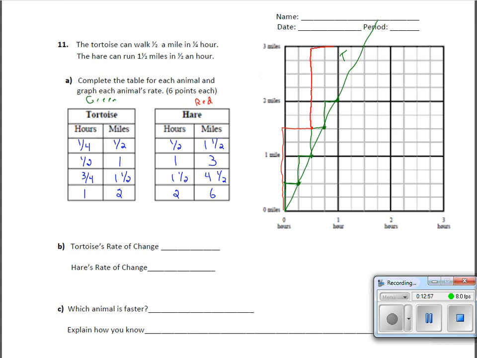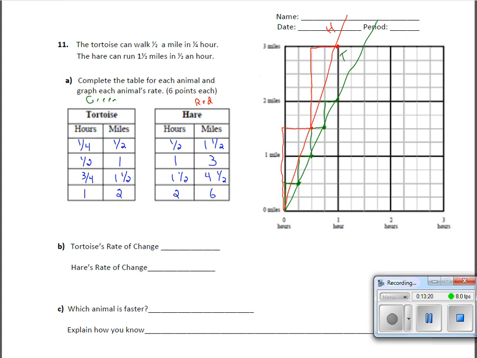If I graph that and call that the hare, you'll notice the hare's line is steeper than the tortoise's. Because it's steeper, that means we're going quicker up the miles than the time itself. So that means the hare is faster.